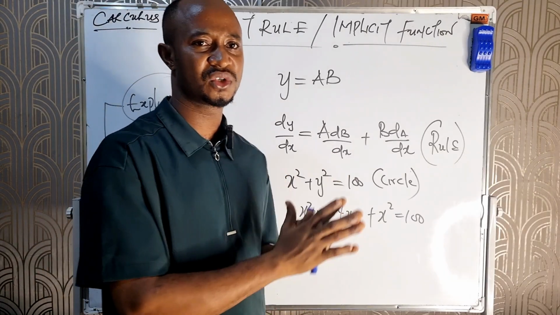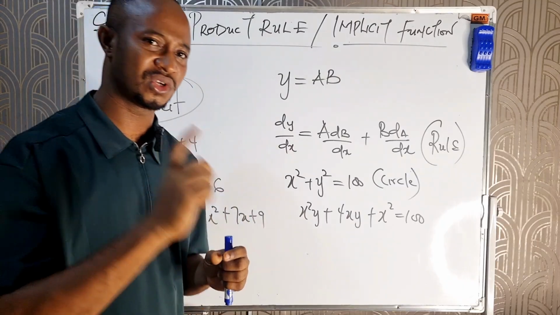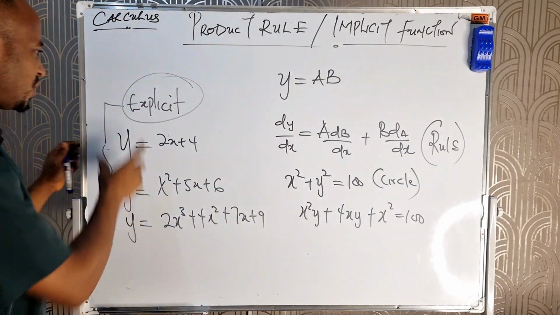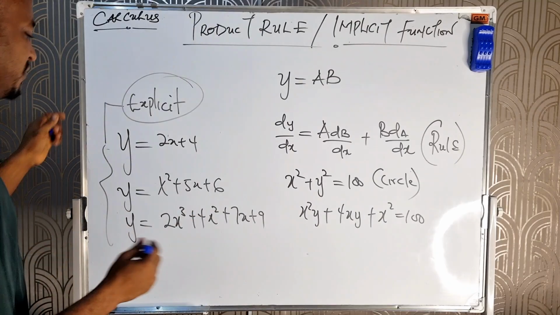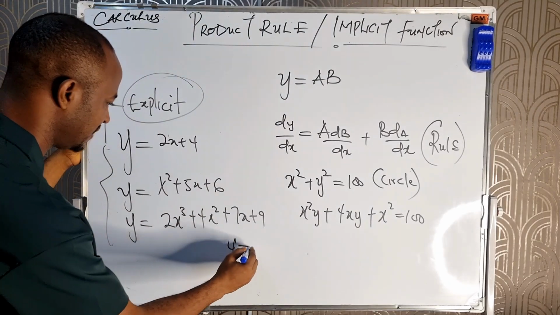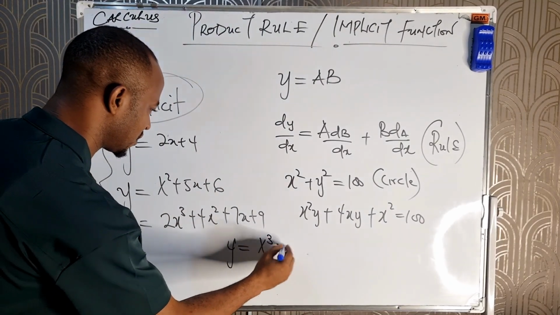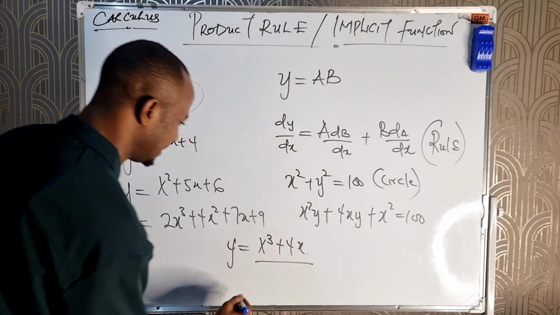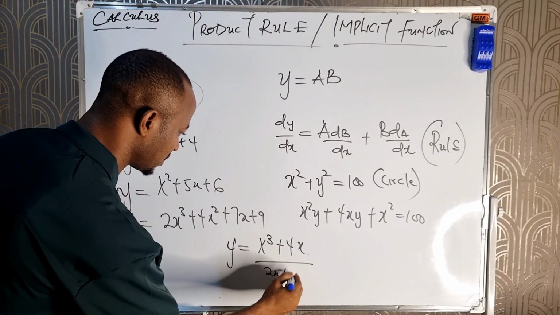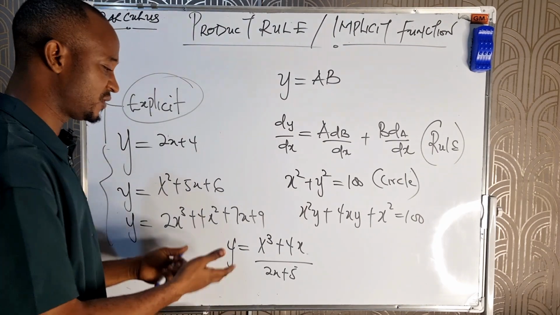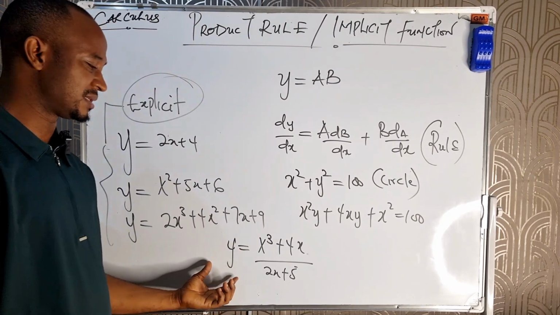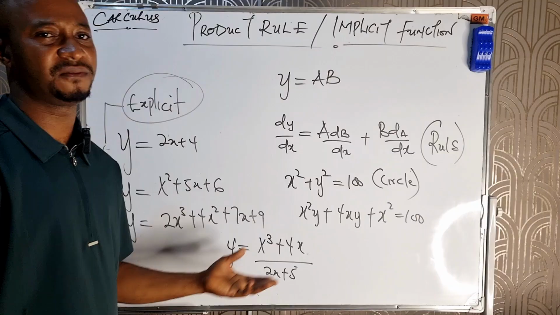So if I have a function whereby y is acting as the subject of the function, we call that an explicit function. Another example of an explicit function can be of this kind. If I have y equals, let's say, x cubed plus 4x divided by 2x plus 5, this is also an explicit function. In this function, y is acting as the subject.